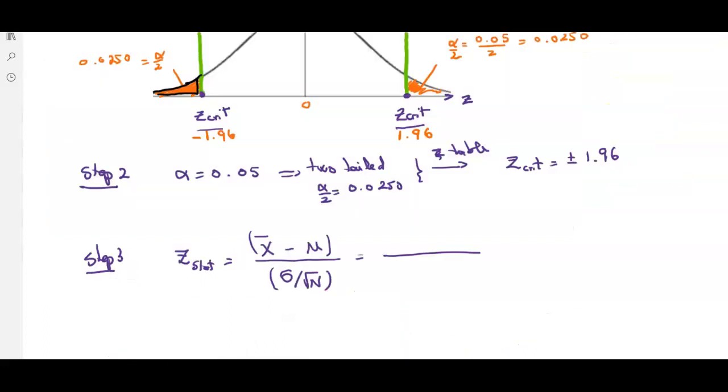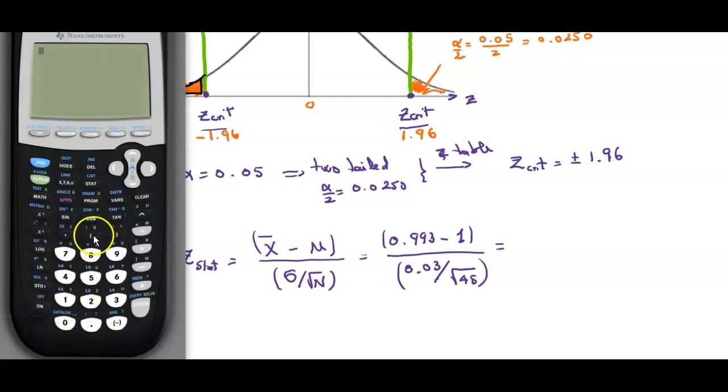Let's plug them in. So x bar is going to be 0.993. The mean is going to be 1. Sigma is going to be 0.03. And divide by radical 45. You might want to leave everything to the calculator. We're going to use the parentheses: 0.993 minus 1, close the parentheses.